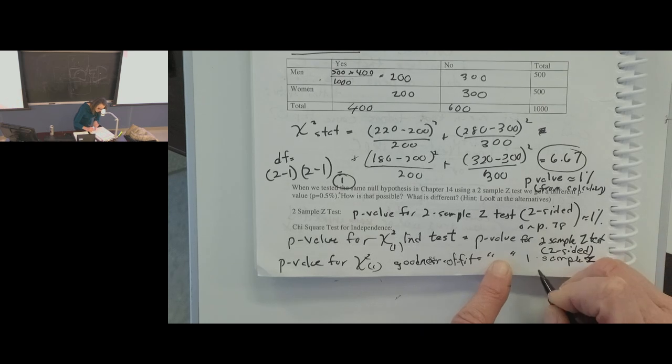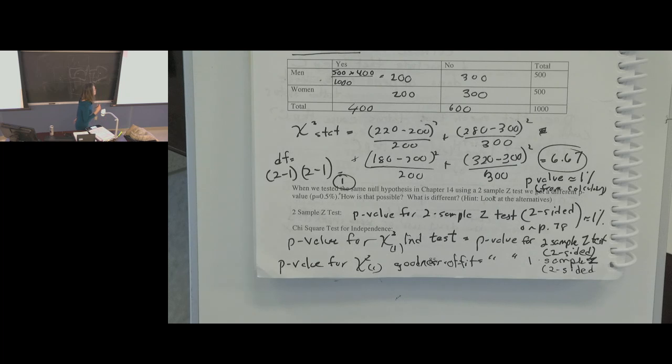One sample z, but two-sided. That's what we did before. So those two things are basically z squared is the same as chi squared with 1 degree of freedom. That's the idea.